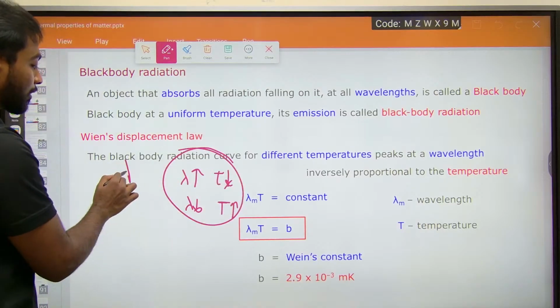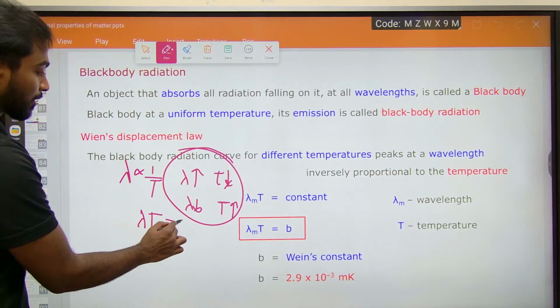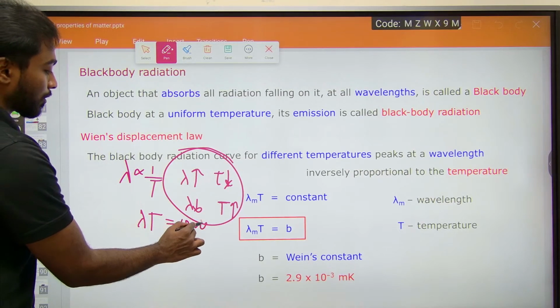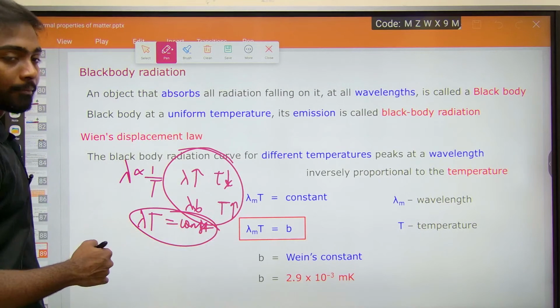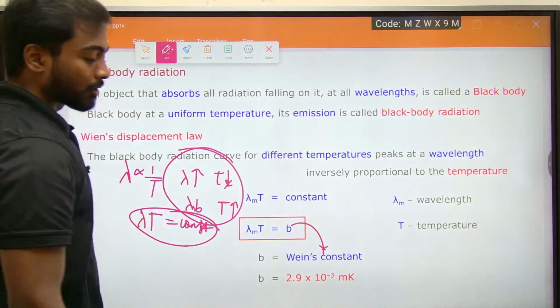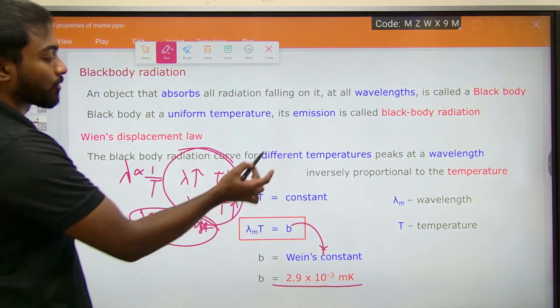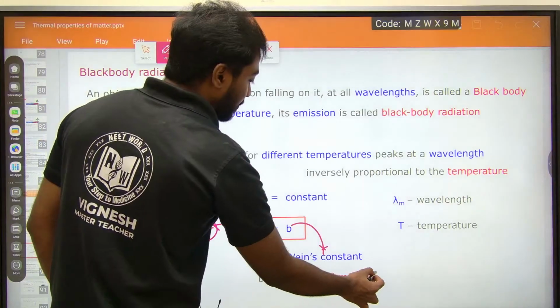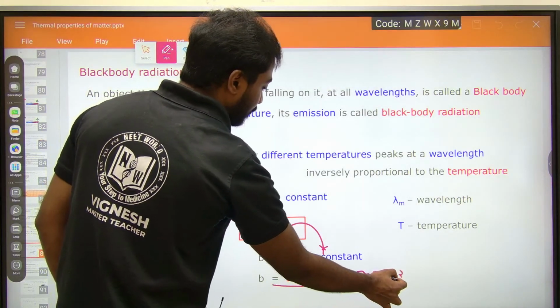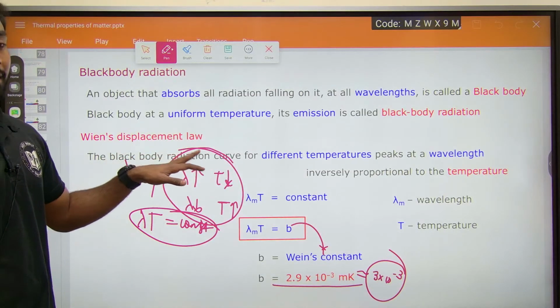So wavelength into temperature equals a constant, which is Wien's constant b. Its value is 2.9 into 10 power minus 3, approximately 3 into 10 power minus 3. This is Wien's displacement law.